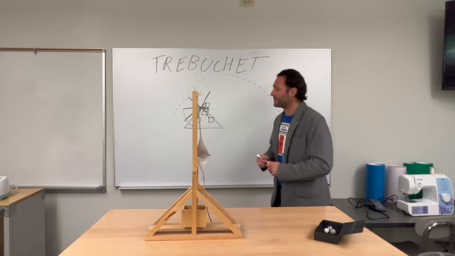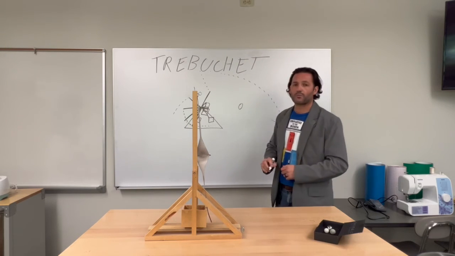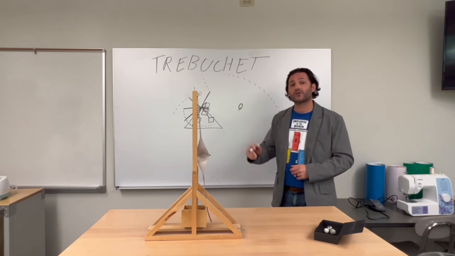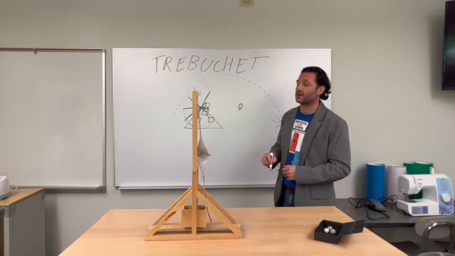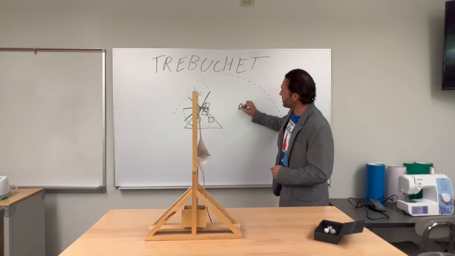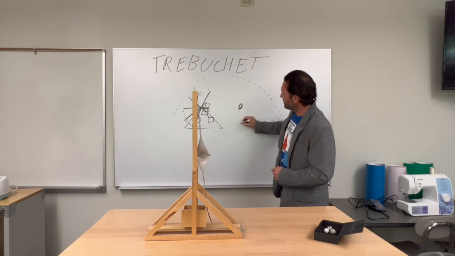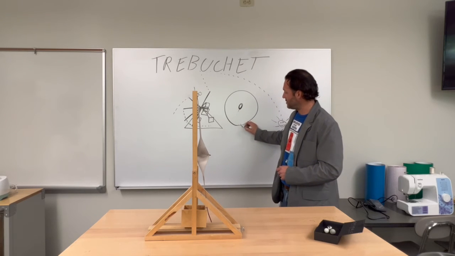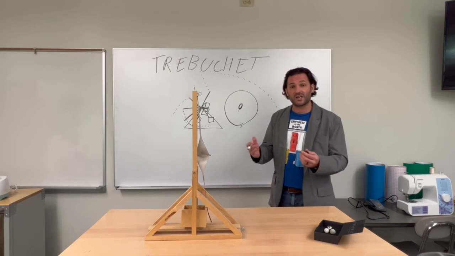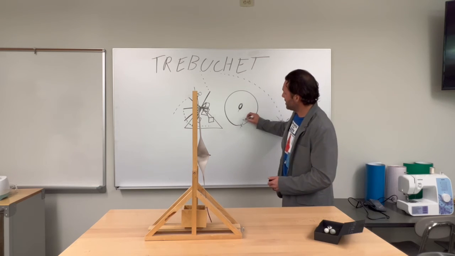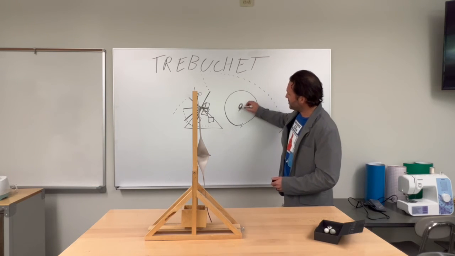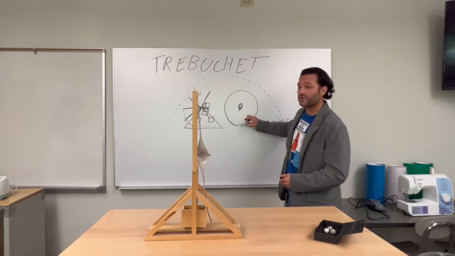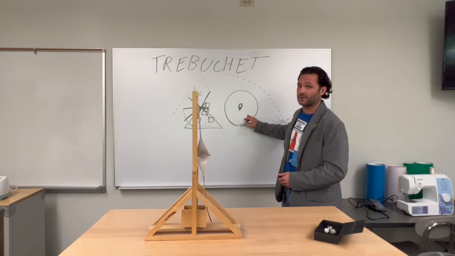Now let me demonstrate. So here is our person, right there, and they're in the little circle of the merry-go-round. They're near the middle. So this is the circle they are going around. Now, there's a bigger circle here. That's the person standing on the outside of the merry-go-round. This person is going to complete their circle in the same amount of time that this person is going to complete their circle.